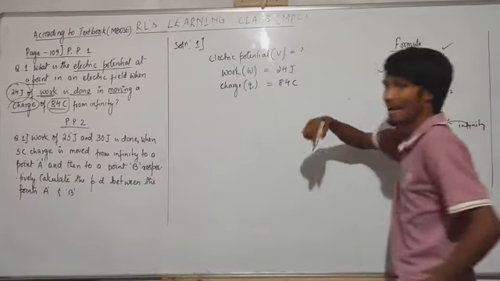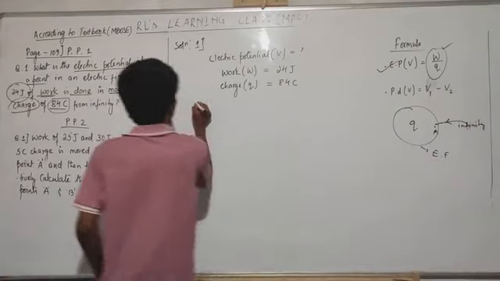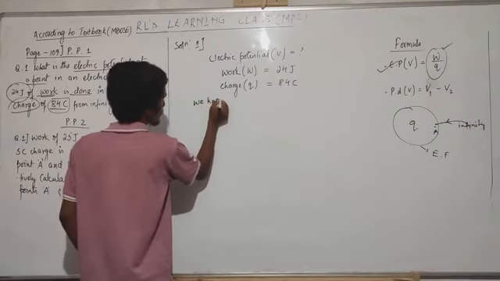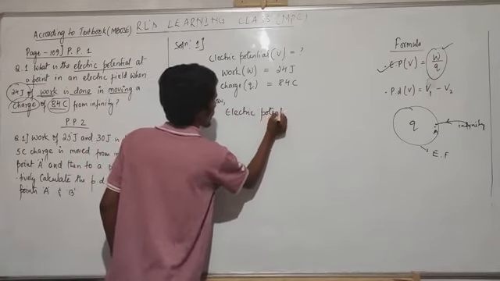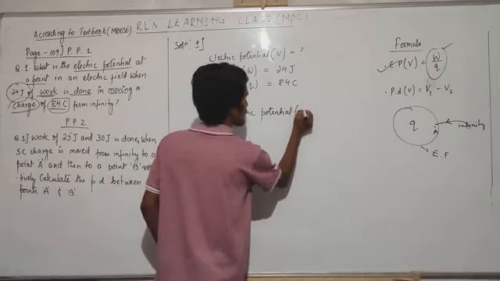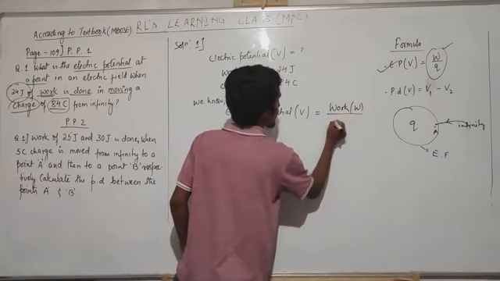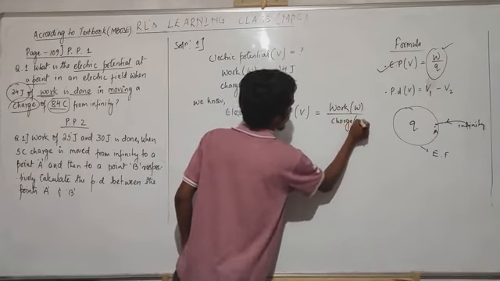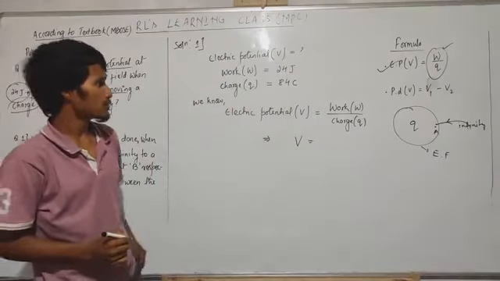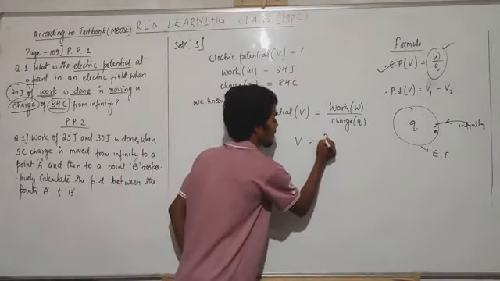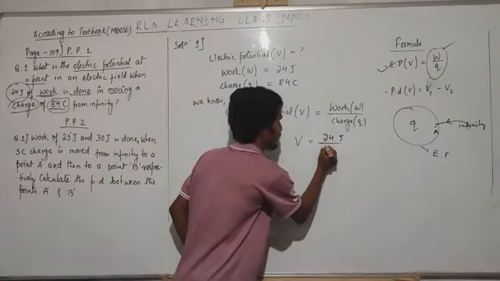Then this will be a direct formula. Electric potential is equal to work by charge. So we know the electric potential V is equal to work W by charge Q. The work here is 24 joule, and the charge here is 84 coulomb.